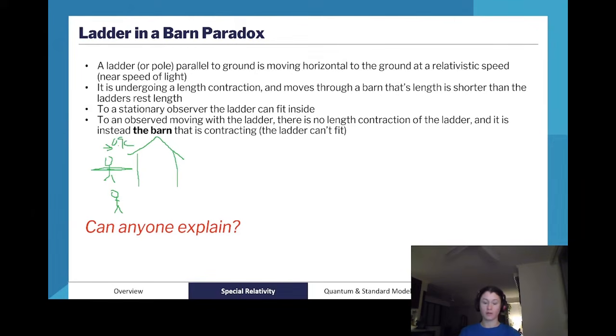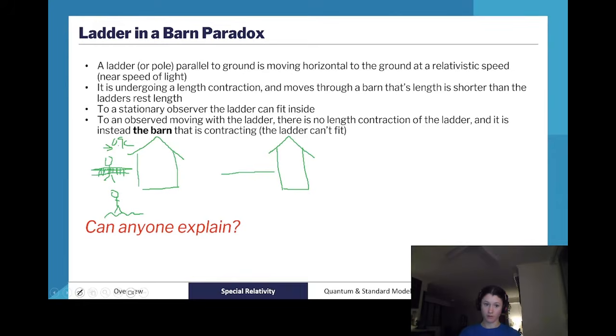So the person outside is seeing the ladder being contracted to be shorter in the direction of motion. However, in the running person's perspective, what they see is the barn contracting and their ladder being the same length. I'll just quickly draw.